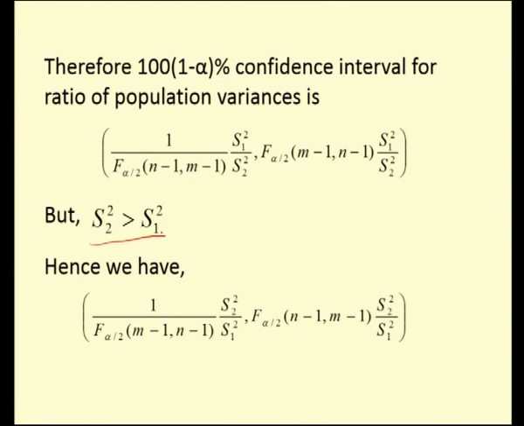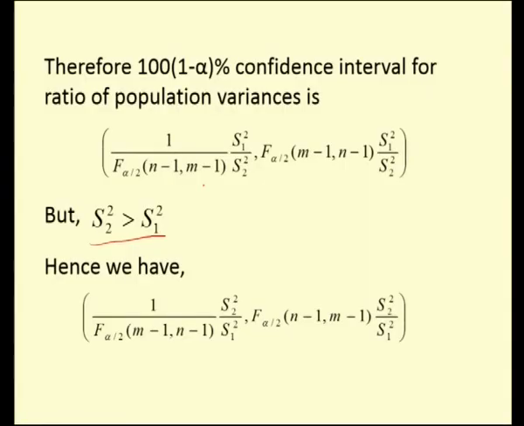In such a case, the rule says that you have to interchange the variances. You also have to interchange the degrees of freedom. In your F table you will have the greater mean square in one direction and the lesser mean square along the vertical direction. So when you look into the normal F tables, you first look into the greater mean square and then the lesser mean square.